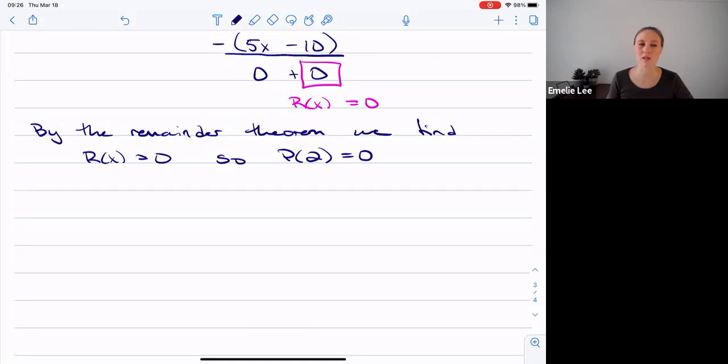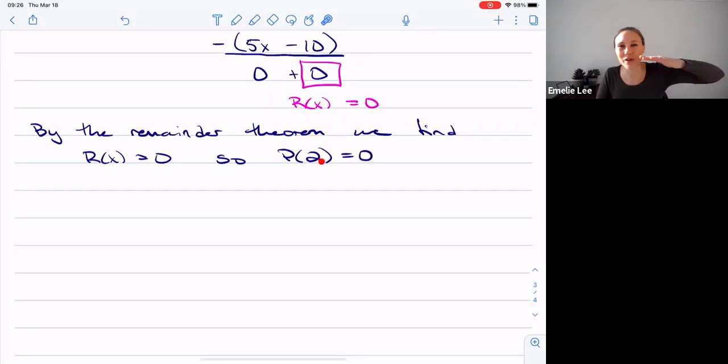Which leads us to the factor theorem. If I'm plugging 2 into this polynomial and I end up at 0, well, that's where it crosses the x-axis, right? So that's where y is 0. So then that makes it a factor.